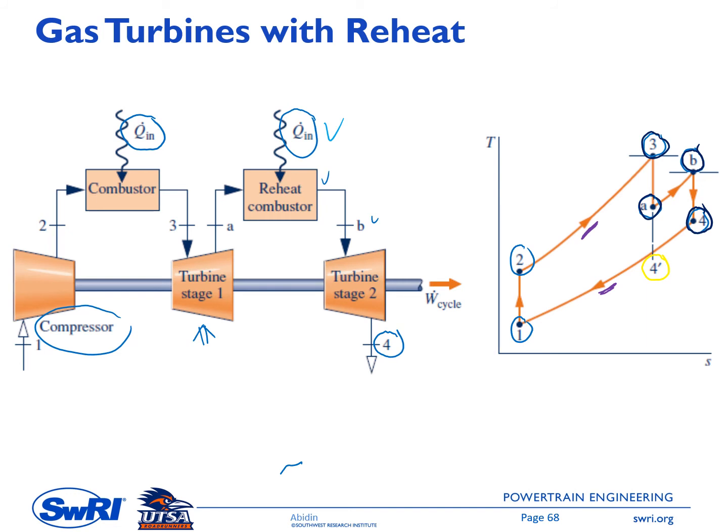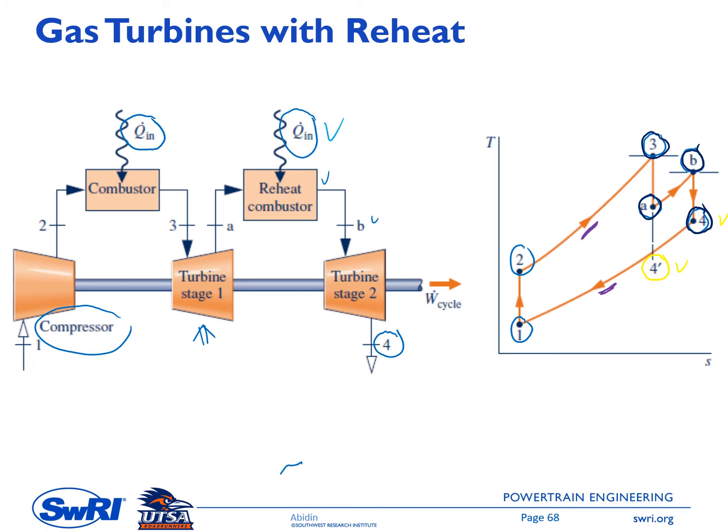A good thing about this gas turbine with reheat is that the chance to utilize the gas at the turbine exit by having a regenerator increases compared to the one without a reheat combustor. So compare the condition between state 4 prime and state 4 here.